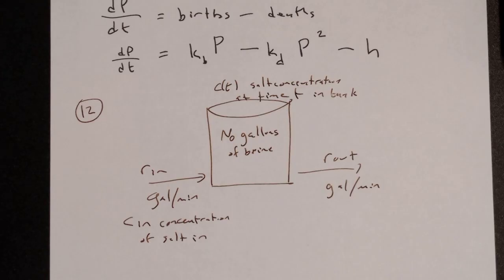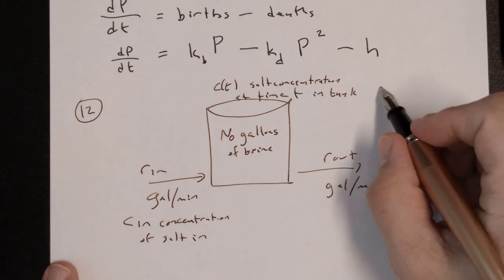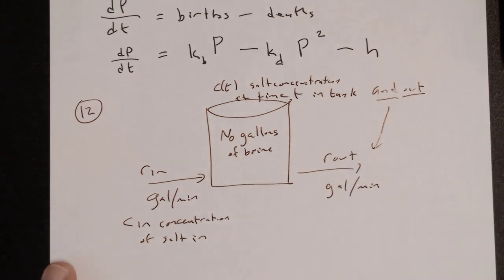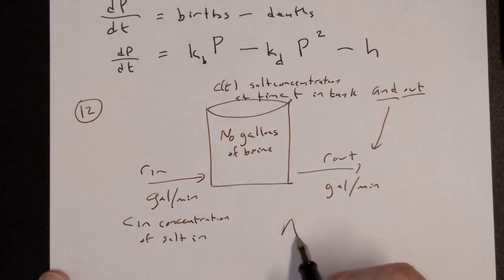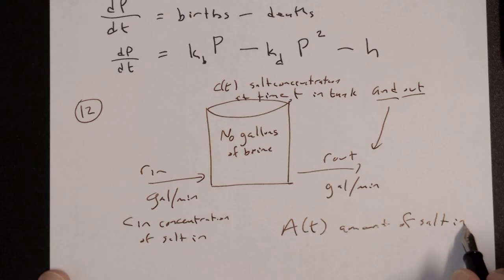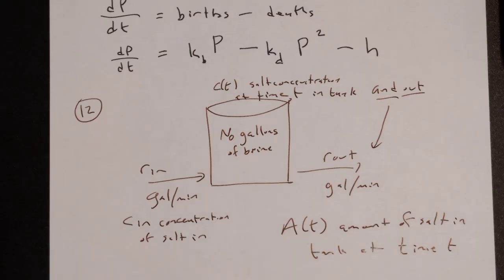Outflow measured at time T as well, and out. A of T is the amount of salt in the tank at time T.